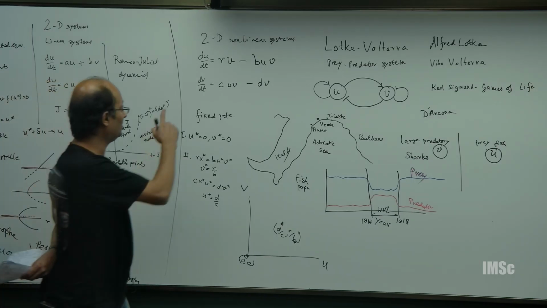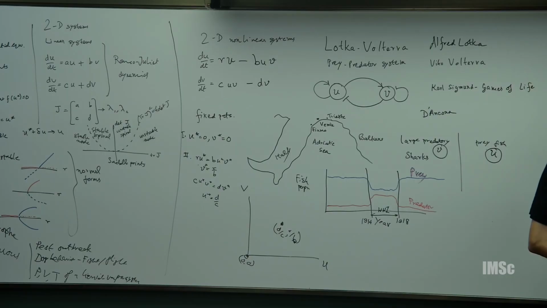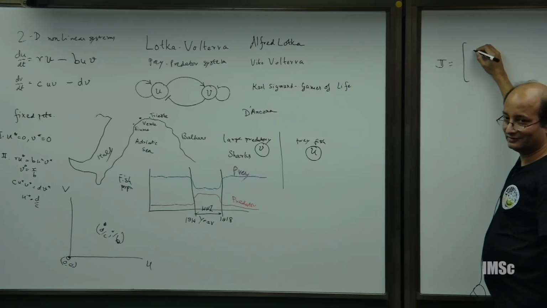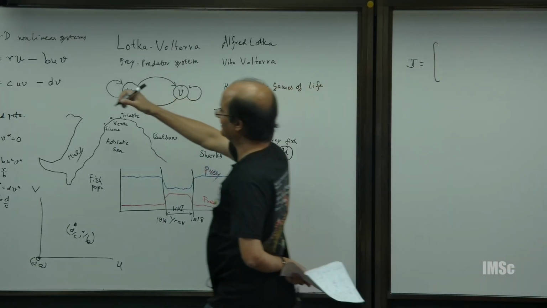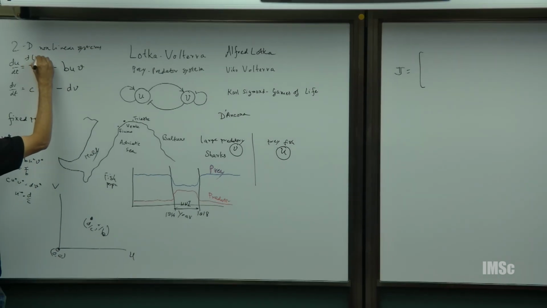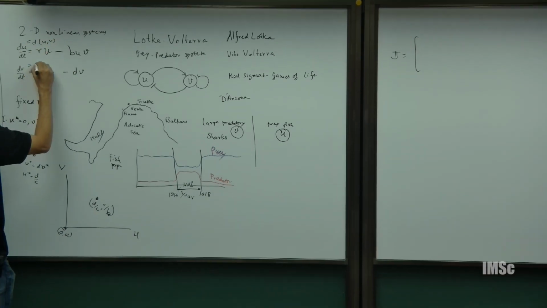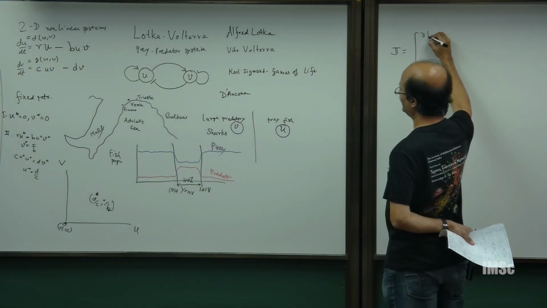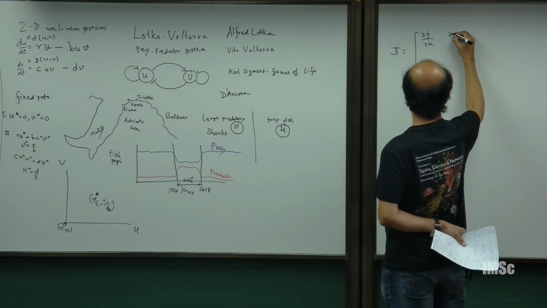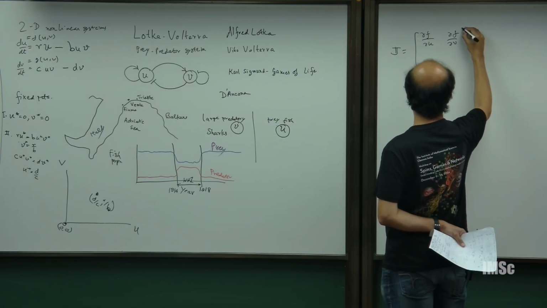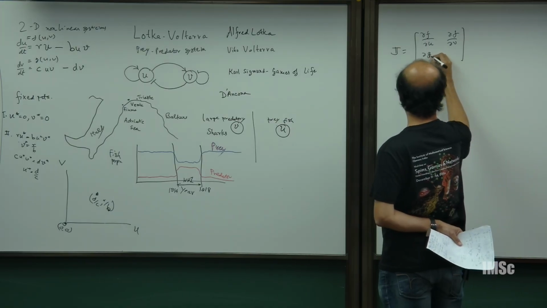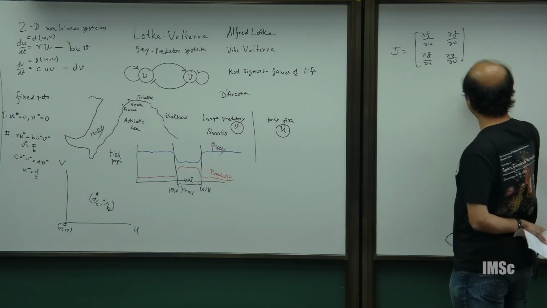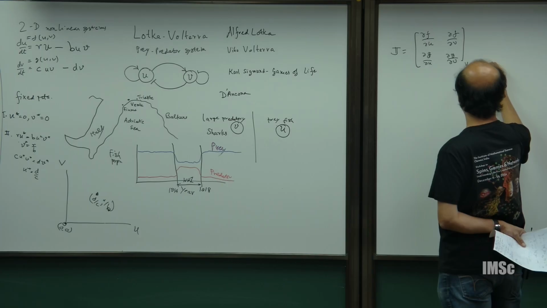If I call the first term f of u v and the second g of u v, the Jacobian becomes the partial derivative of f with respect to u, the partial derivative of f with respect to v, the partial derivative of g with respect to u, and the partial derivative of g with respect to v, evaluated at u equal to u star, v equal to v star.